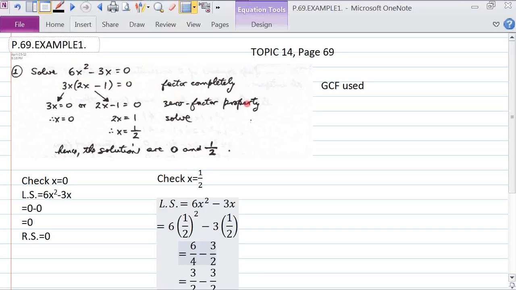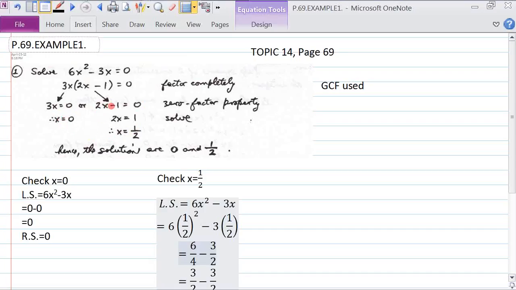By the zero factor property, if the product of two numbers equals 0, either the first one equals 0, or the second one equals 0. So if 3x equals 0, x equals 0.